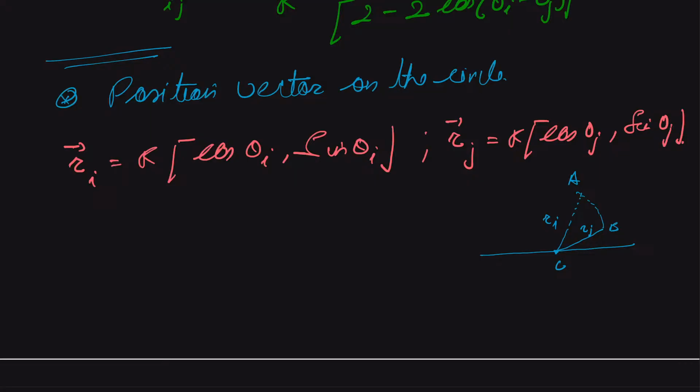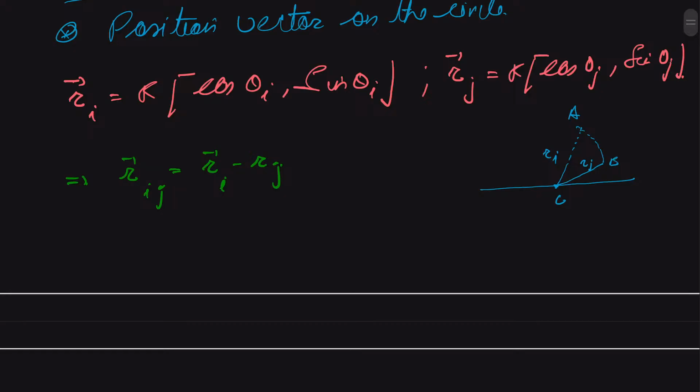Therefore we can find the separation vector from j to i. Rij will be equal to Ri minus Rj, and we are only interested in the magnitude.